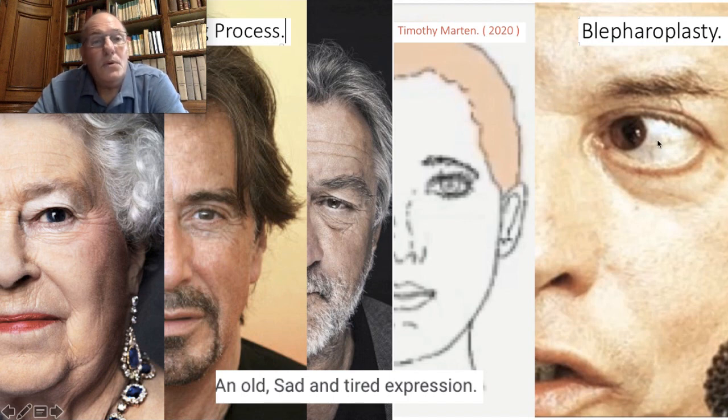And this patient was operated on the upper eyelid and lower eyelid. You can see almost no skin of the upper eyelid and the eyebrow was left. She looks very different, very old, very tired.